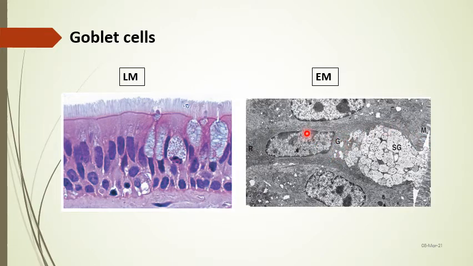This is the goblet cell. This is an adjacent intestinal cell, an enterocyte, and this is also an enterocyte, the nucleus of the enterocyte. Here we have the brush border microvilli.